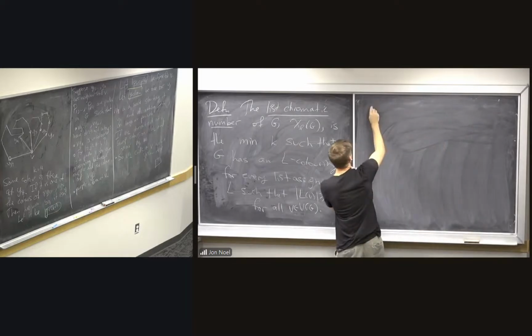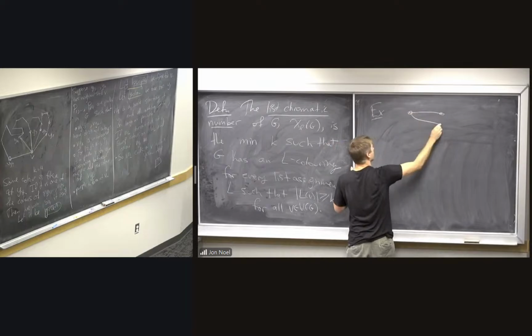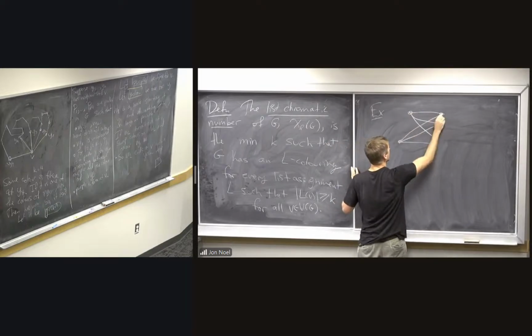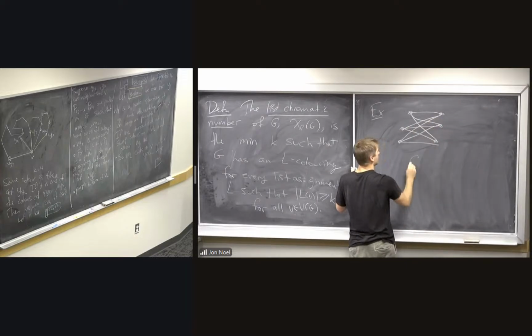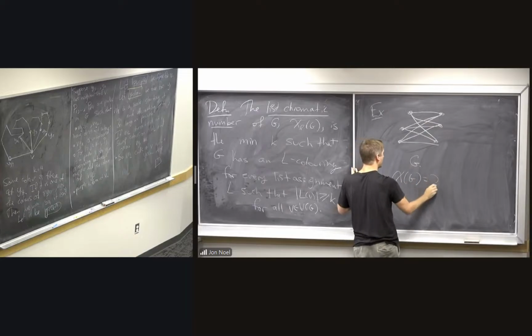So maybe an example, take this graph. So obviously the chromatic number of this graph is 2. It's bipartite.